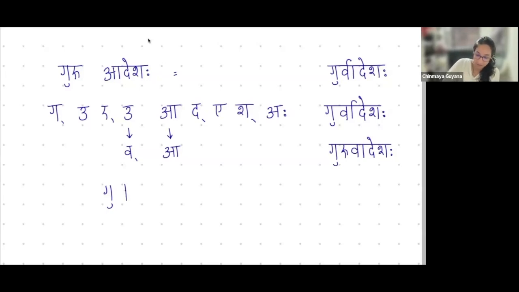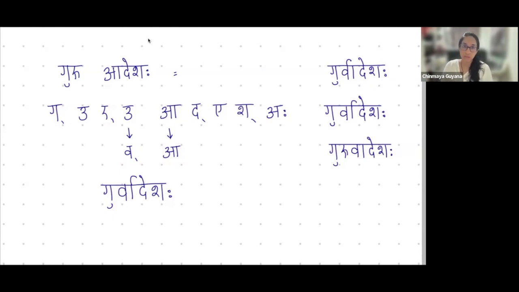That is why this becomes rva. Gurva. And then de, sha. You have to think in syllables. In English, we think in syllables a little differently. In Sanskrit, you have to see what the conjunct consonant is going to be and then write that.